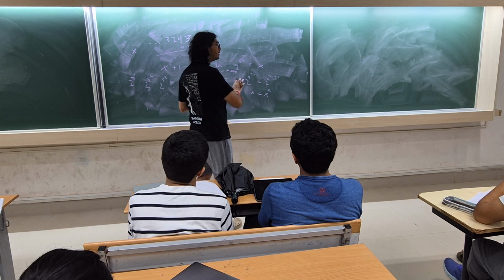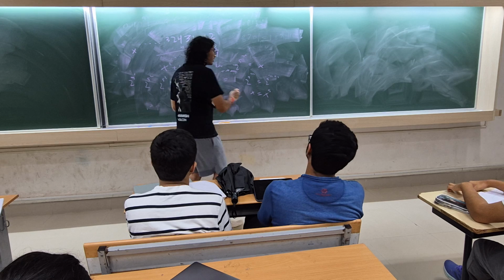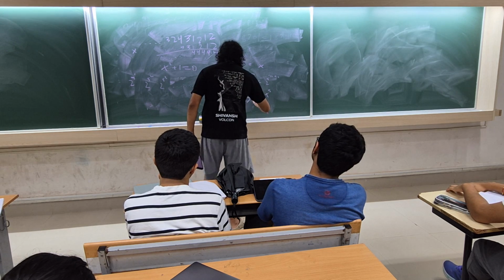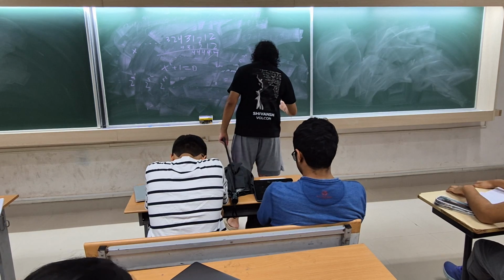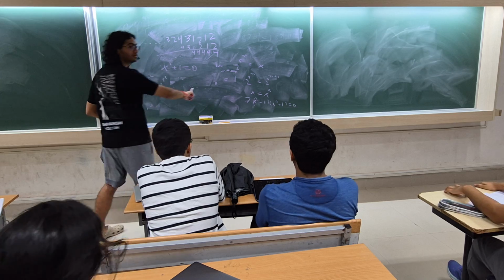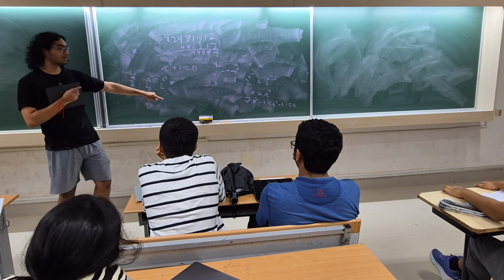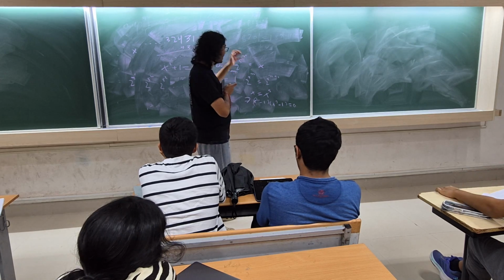So now, since the division is defined, you can divide by x and you can factorize it. So what we get is x squared minus 1 times x squared plus 1 is equal to 0 for this sequence. And now x is not 1, it's not minus 1. So x squared plus 1 is 0.